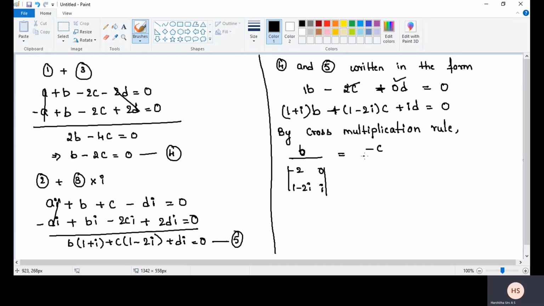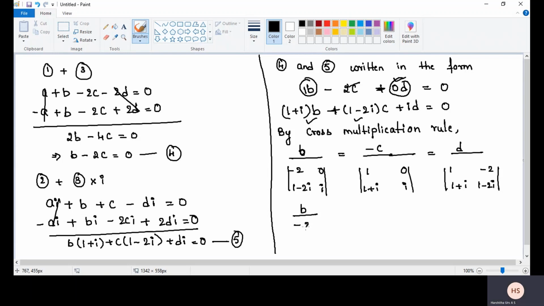Next alternate sign, minus c, determinant of, here we have to see the coefficient of b and also the coefficient of d: 1, 0, 1 plus i, i. That is equal to d divided by coefficient of b and coefficient of c, that is 1, minus 2, 1 plus i, 1 minus 2i.